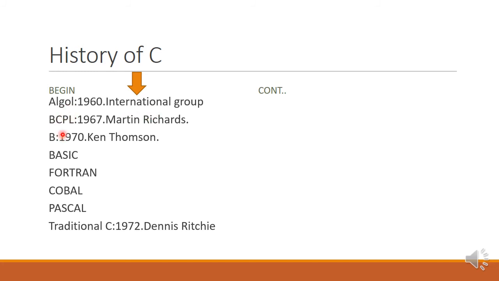After that, in 1967, Martin Richards invented the BCPL language. This is the basis of the C language. First BCPL was introduced, afterwards B, next C. But in between B and C, many other languages came into existence.